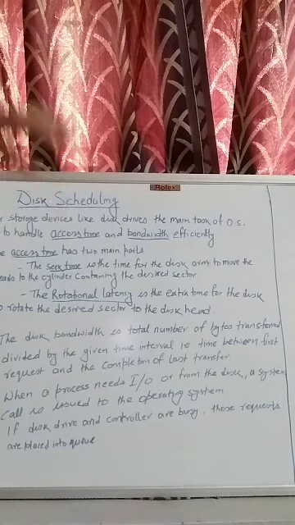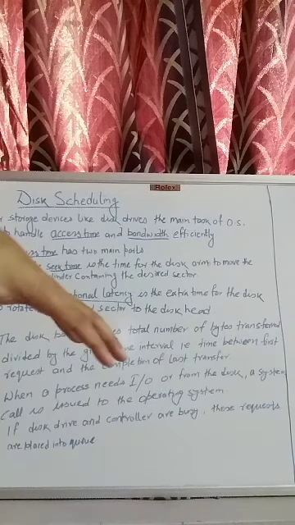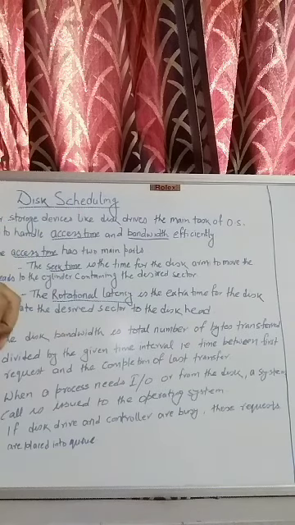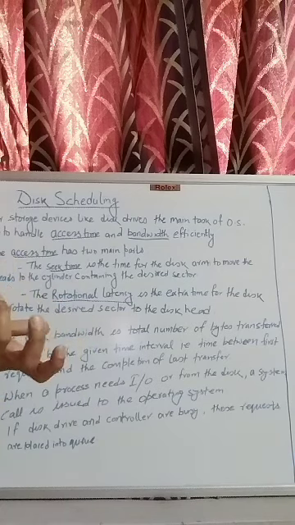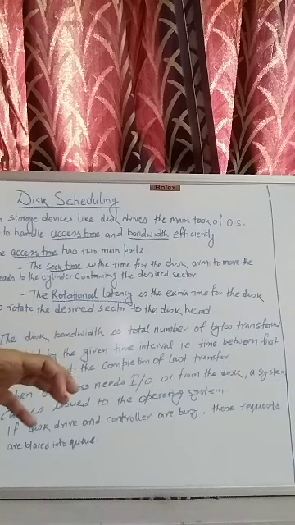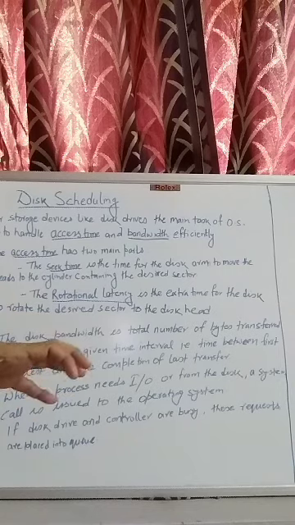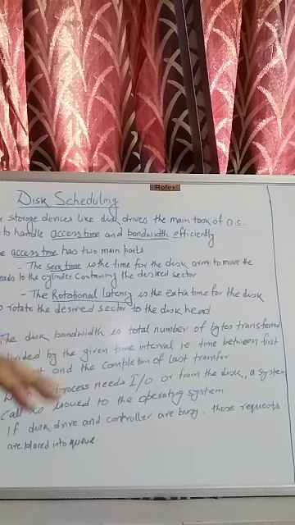It means when the head moves to the track, rotational latency is the time taken to rotate the platter to move the desired sector under the disk head. So these are the two components by which we can compute access time.